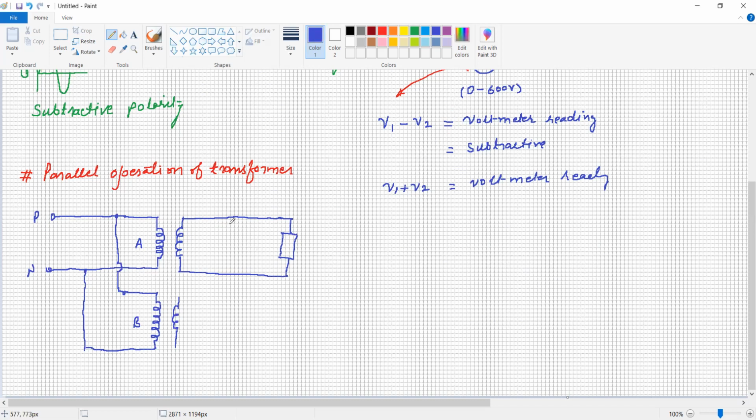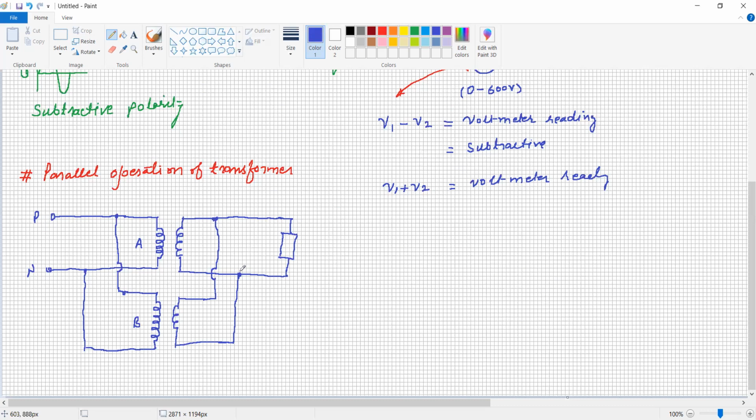Secondary of the first transformer is connected to the load. Secondary of transformer B is also connected to the same load. Then this connection is called a parallel operation. So all the transformers are connected in parallel to the same source, whether single phase or three phase, but they are supplying the load through their secondary windings, isn't it?